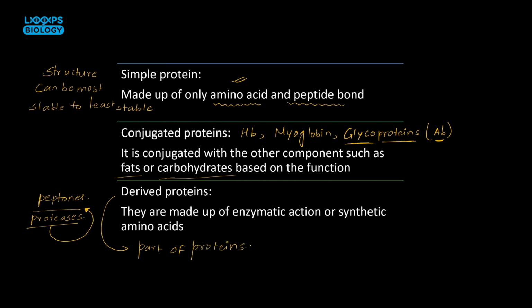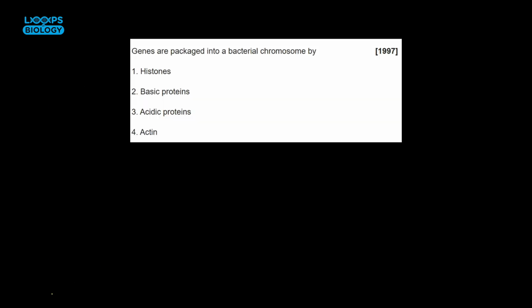They are proteinaceous in nature, but they are not a complete protein. That's why they are called derived protein. Or there is use of some synthetic amino acid, like selenocysteine, where in place of sulfur the element selenium is used.